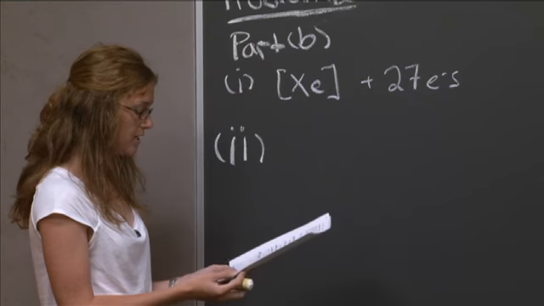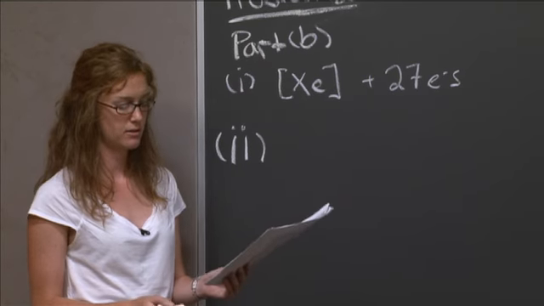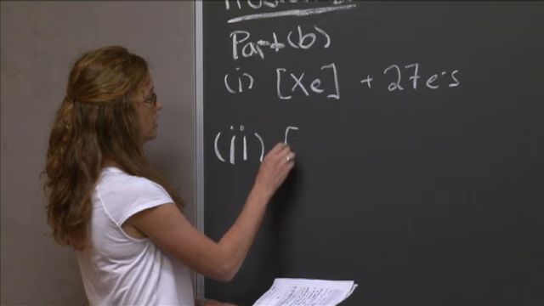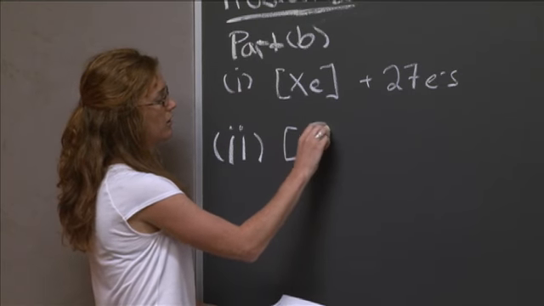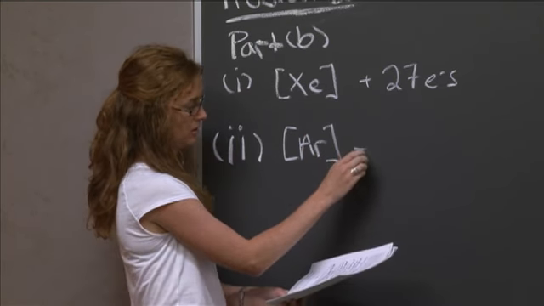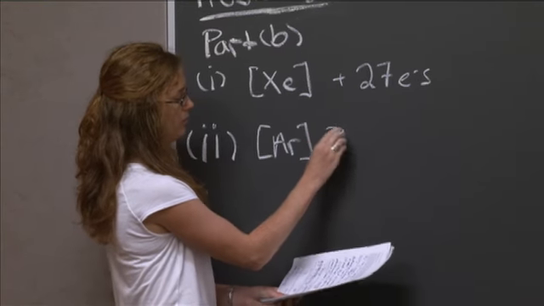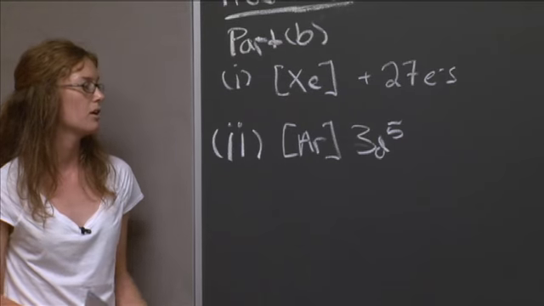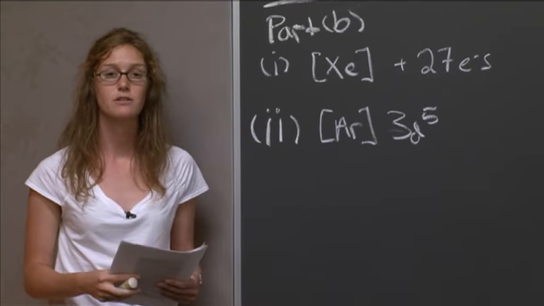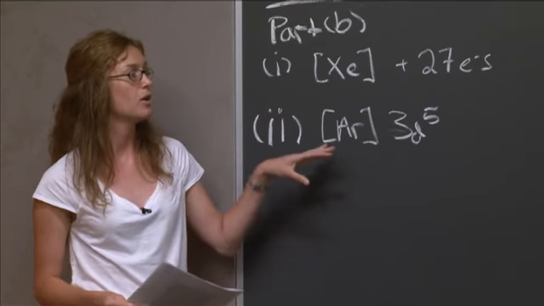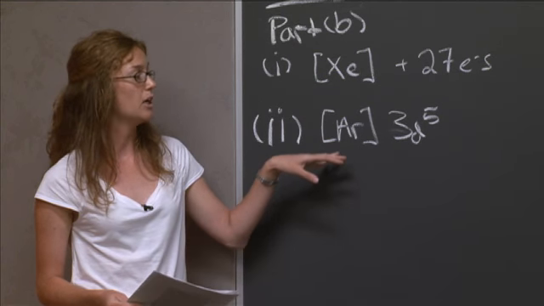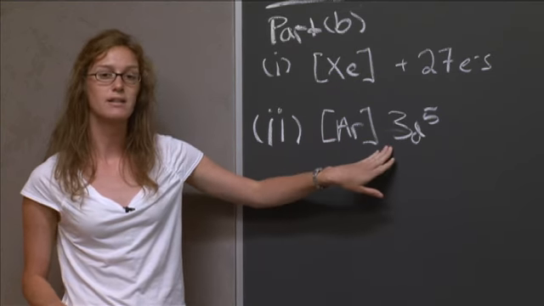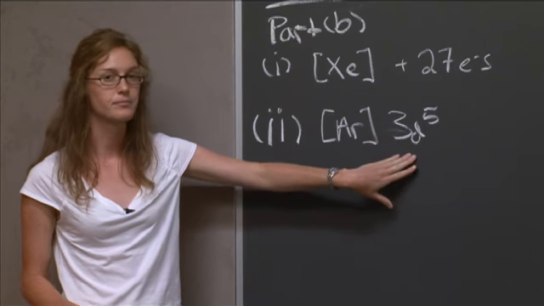So we have a net charge of 4+, an electron configuration of argon and 3d5. This may seem a little confusing at first glance because we always fill the 4s before the 3d.